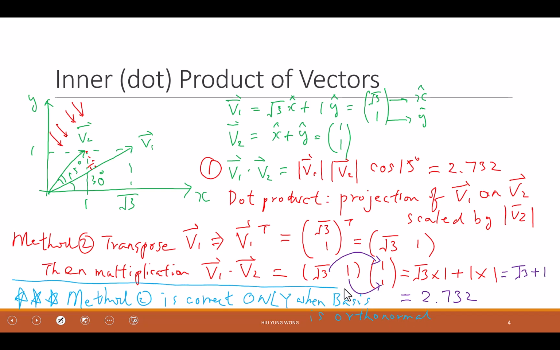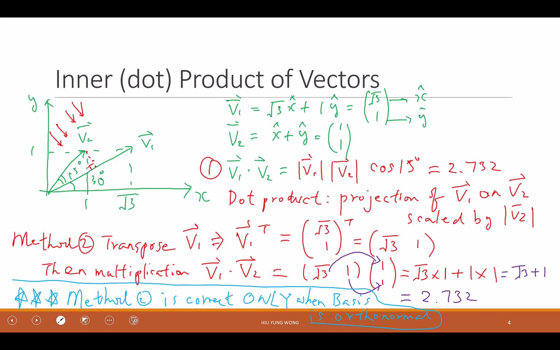You don't know what I'm talking about. We will discuss later. All you need to know is do not use it without knowing this, okay? But luckily, in all the quantum computing framework, we need to use an orthonormal basis. Basically, what it means is that the basis vectors have to be perpendicular to each other. If they are not perpendicular to each other, this won't work. It will give you the wrong result. That's all I want to say. We'll study what orthonormal is later, but I want to warn you now.